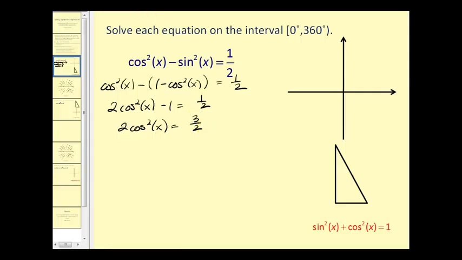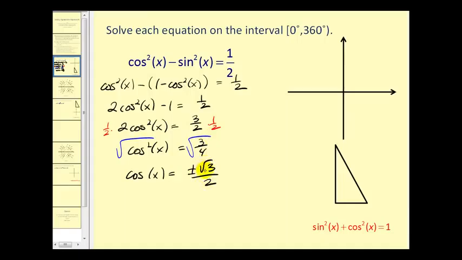And now we'll divide by 2 or multiply by 1/2. So we have cosine squared x equals 3/4. Now we'll square root both sides of the equation. So we have cosine x equals plus or minus the square root of 3 over 2.